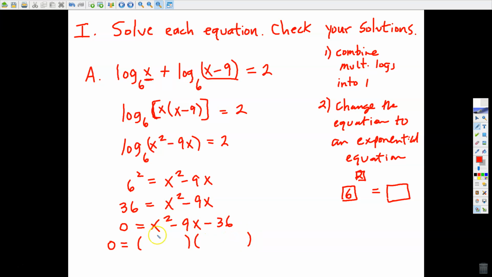The factors of negative 36 that add up to negative 9 are negative 12 and positive 3. So my two solutions, at least I think they're solutions, I need to check and make sure, are 12 and negative 3. Here's the importance of checking your solutions.